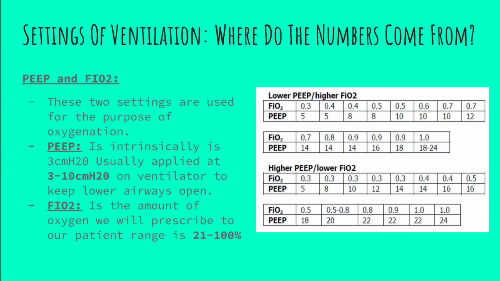So 2 more settings that we need to come up with here are our oxygenation settings, the PEEP and the FiO2. These 2 settings, their sole purpose is to provide the patient with better oxygenation.